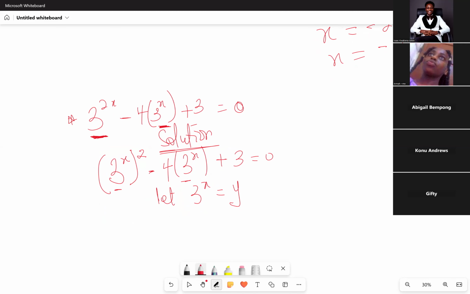So this one is y, but it has a power of 2 outside, minus 4 into bracket y plus 3. Because when you have something like this, you can easily solve, isn't it? Then when we are done, we come back again. Are you ready, guys?